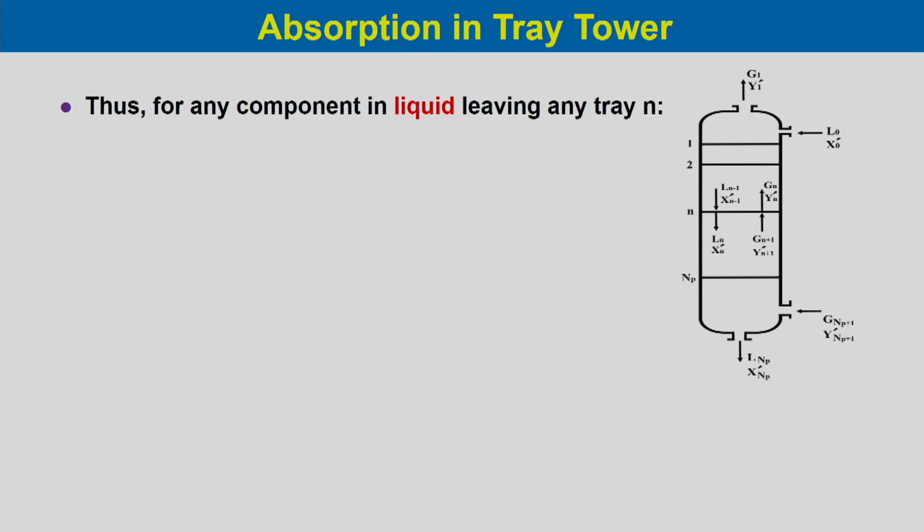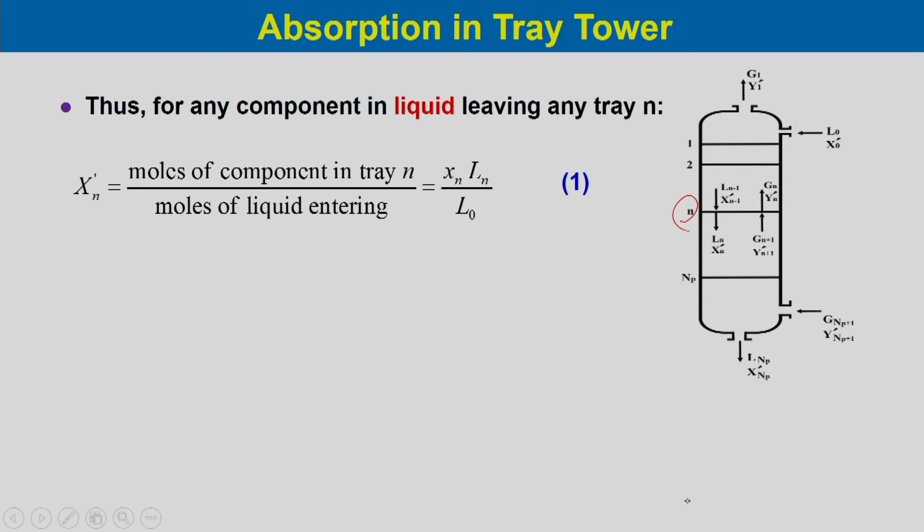Thus, for any component in liquid leaving any tray n, we can define x_n' as the moles of component in tray n divided by the moles of liquid entering. So, for the particular component in tray n with x_n and a liquid flow rate L_n, divided by L_0, the entering liquid feed flow rate.